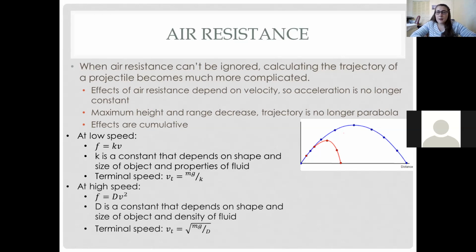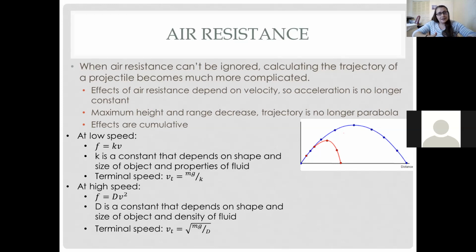But if we're moving at high speeds, like raindrops falling from the sky or airplanes, of course, they're flying at high speeds, then our equation changes a little bit and becomes the force of air resistance equals capital D times v squared.